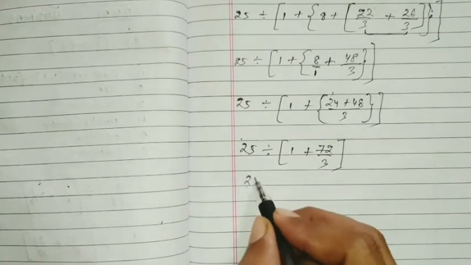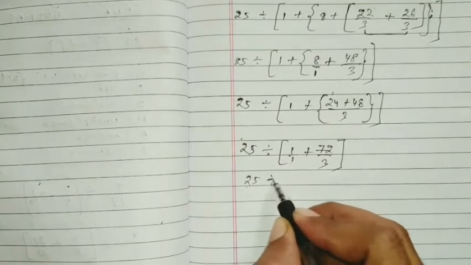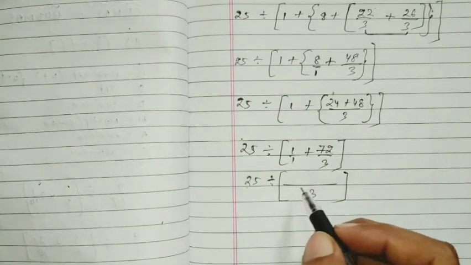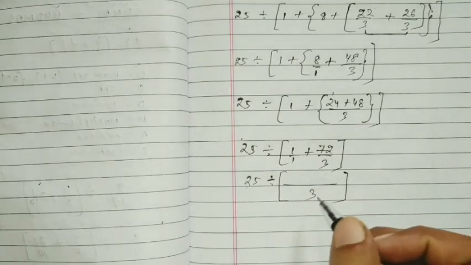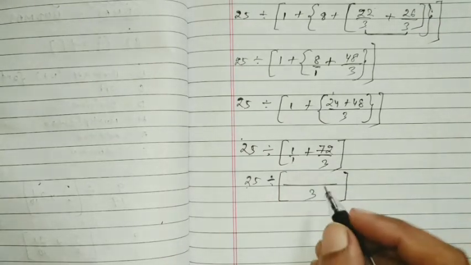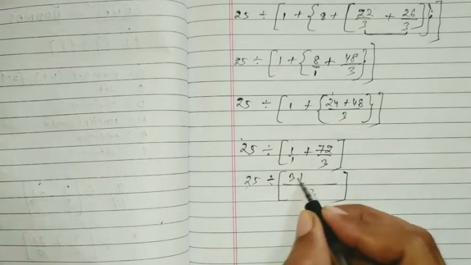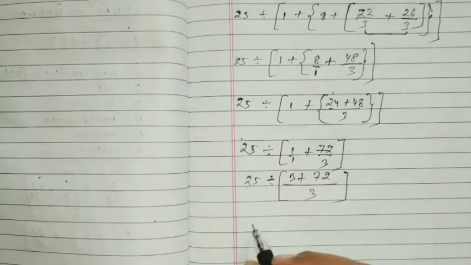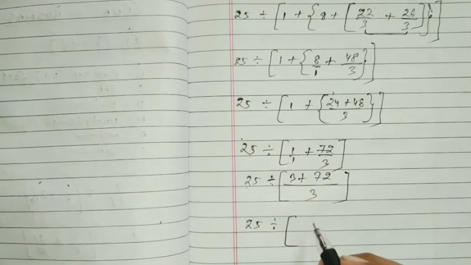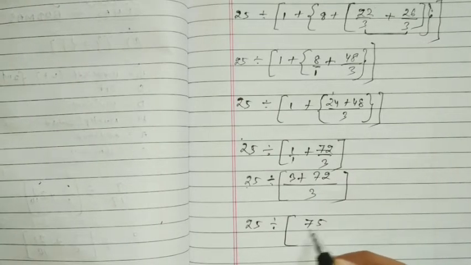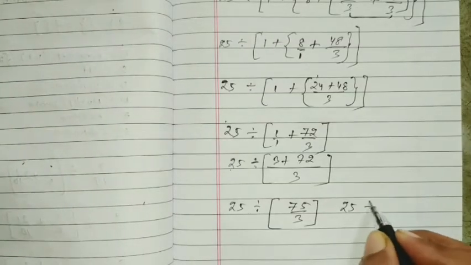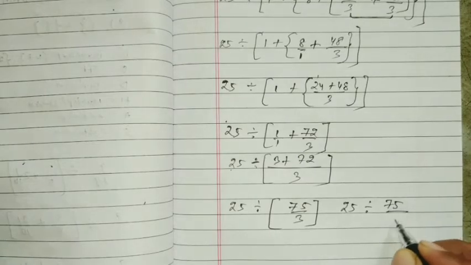Now 25 divided by, nothing is here, put 1 here, find an LCM. What you will get? 3 plus 72. So 25 divided by, what will come here? 75 by 3. So 25 divided by 75 by 3.